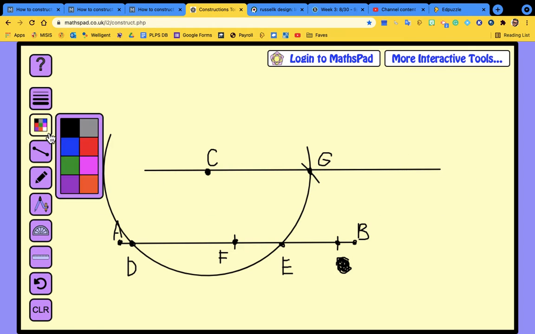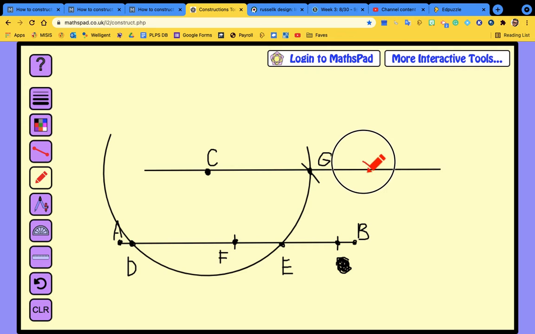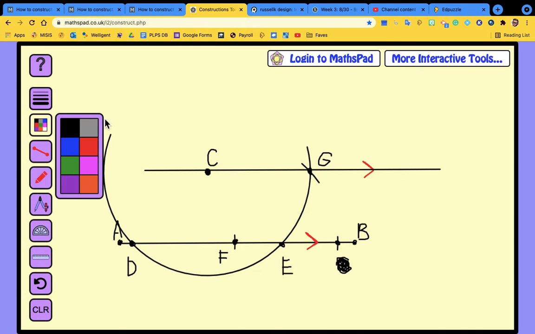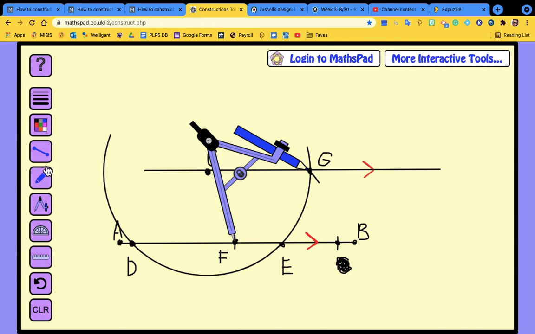And I go back and take my red, and once again I put an arrow this way like that, and I put an arrow this way like that.